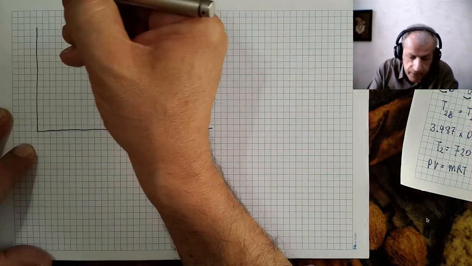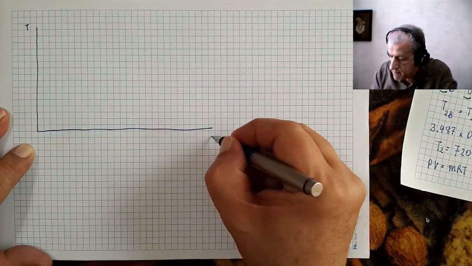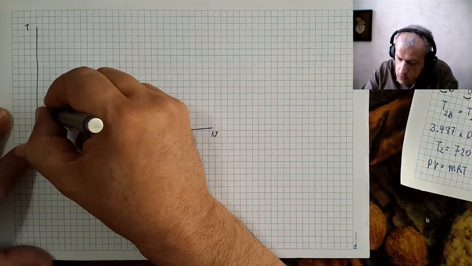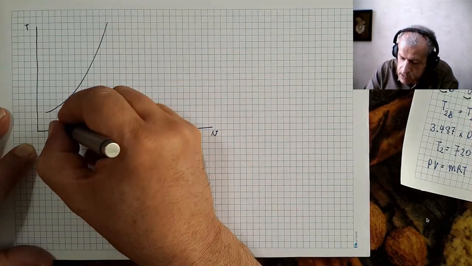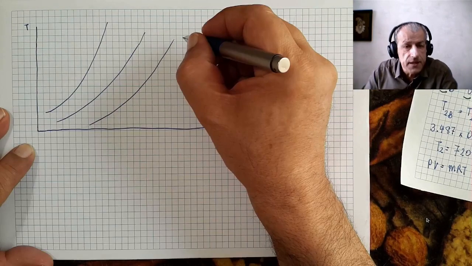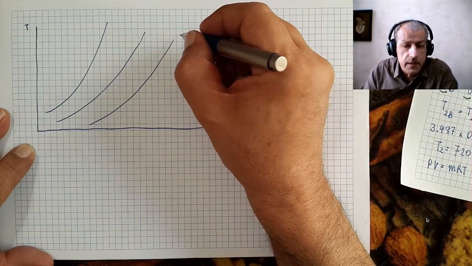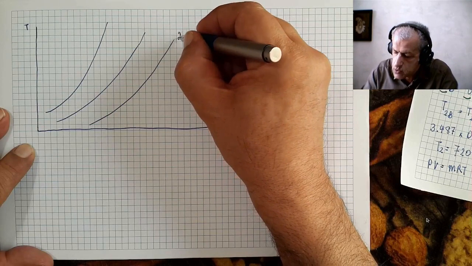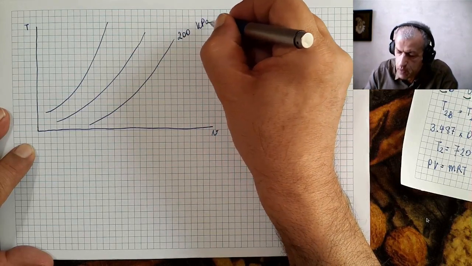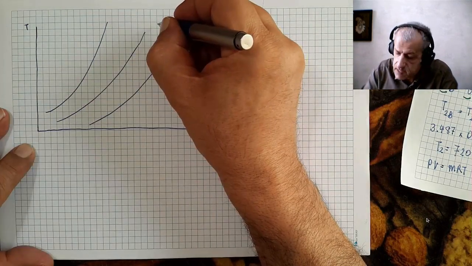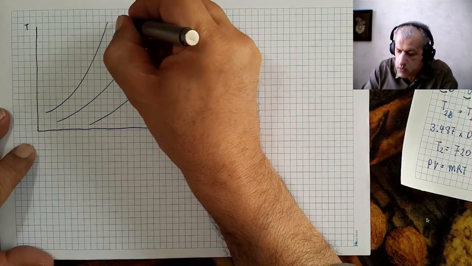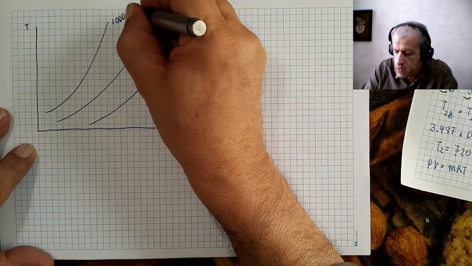So if this is a T-v diagram, then constant pressure lines would have such a shape. The three pressures that we are concerned with are 200 kilopascals, the other one is 600 kilopascals, and the final is 1000 kilopascals.